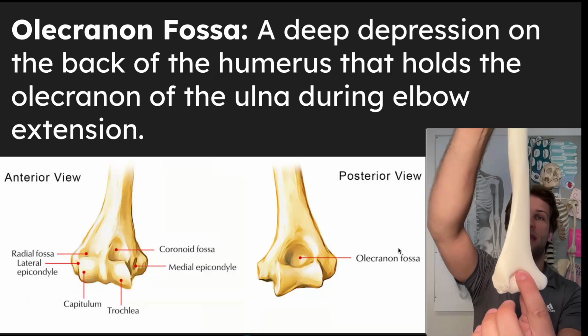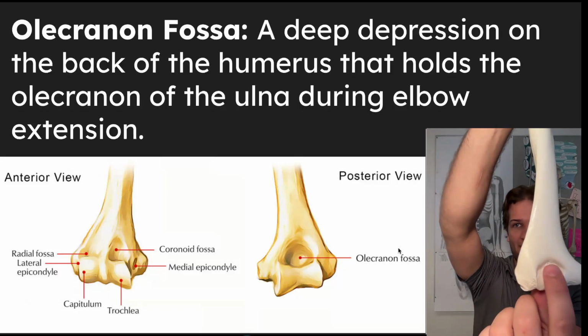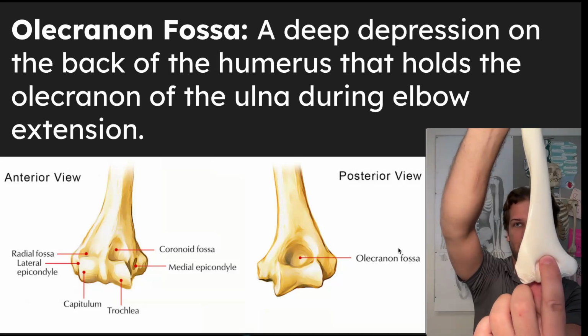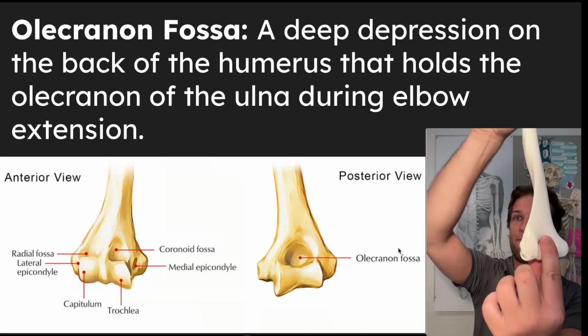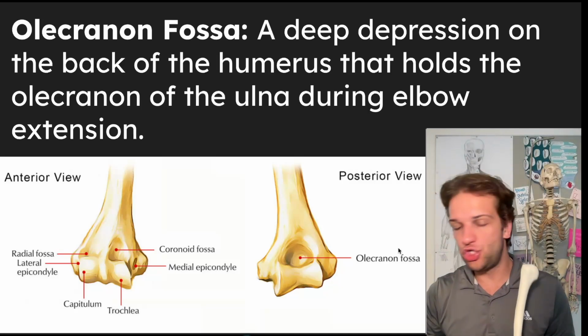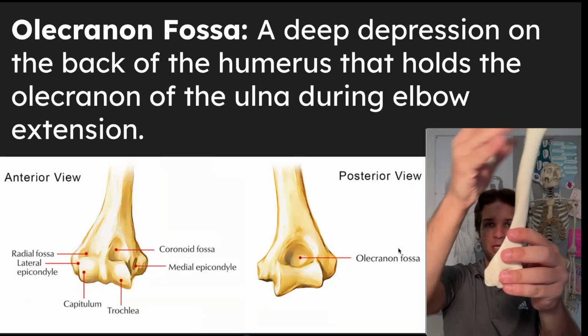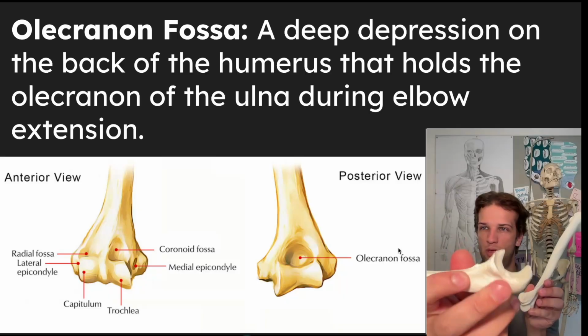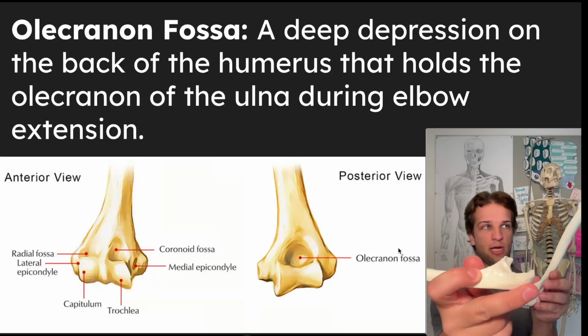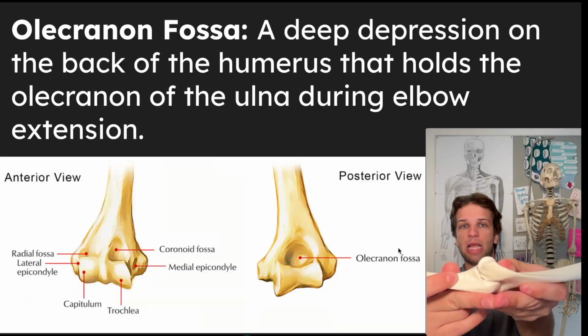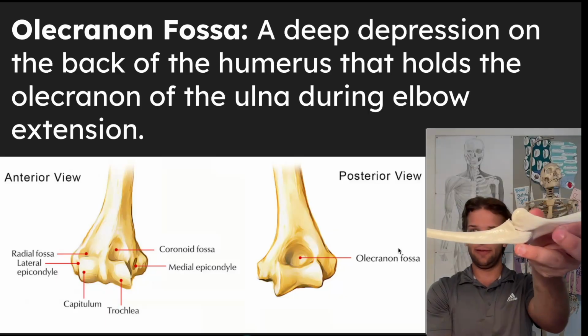On the back, we have the olecranon fossa. So, a depression on the back of the humerus. And the job of the olecranon fossa is to allow this part of the ulna that we'll talk about to slot in perfectly.